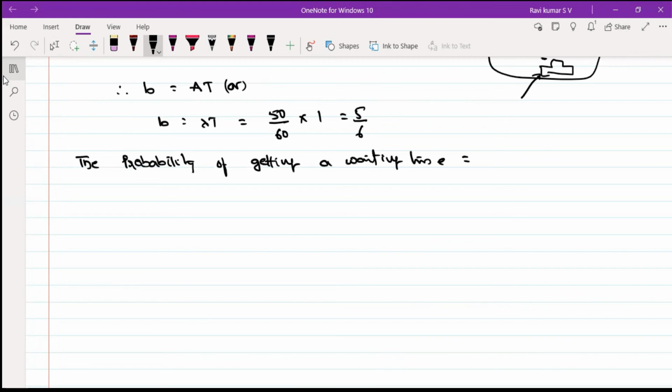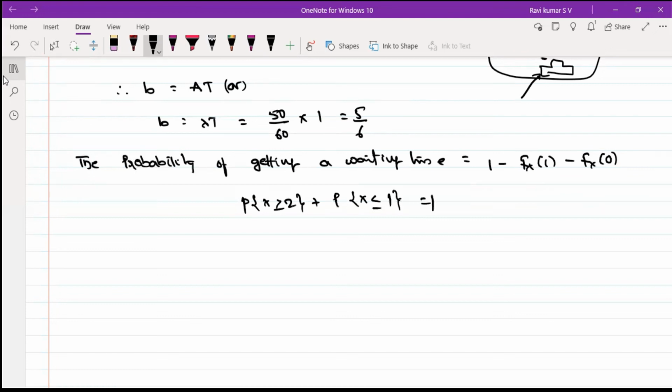So within 1 minute, if 2 or more vehicles arrive, there is a chance of getting a queue. So I am taking this as 1 minus Fx of 1. There is no waiting line when the number of vehicles is 0 or 1. So this is probability of x greater than or equal to 2, which is x less than 2, or x less than or equal to 1.